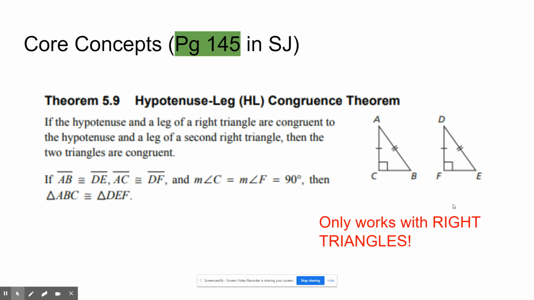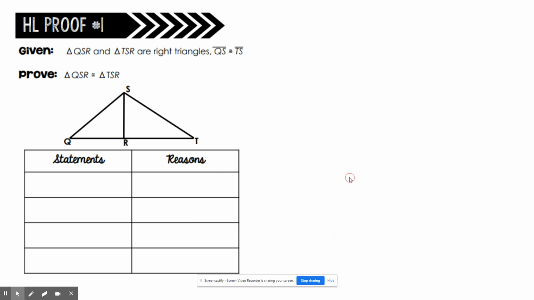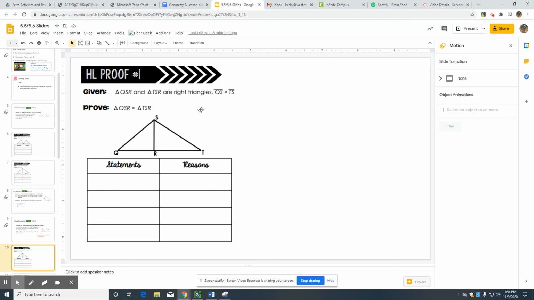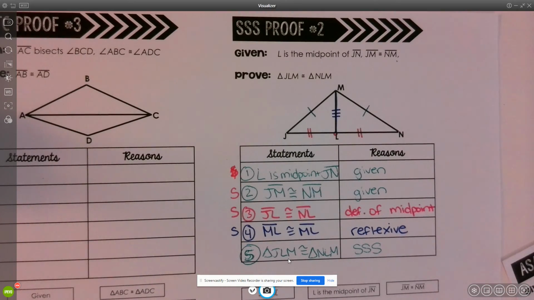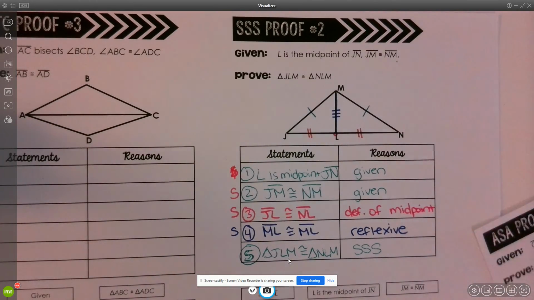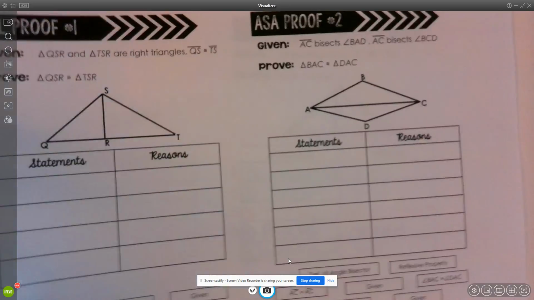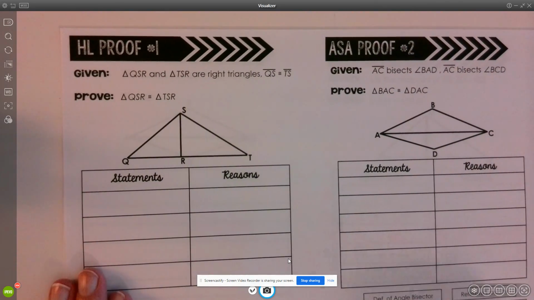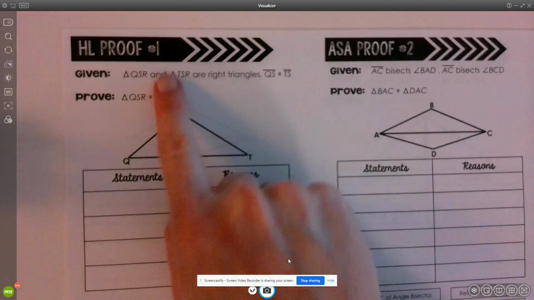So don't try to use this theorem if you don't see that you are working with right angles in your triangles. So we're going to go ahead and open up our proof workbook, and we're going to look at our hypotenuse leg proof number 1 theorem on page 9.